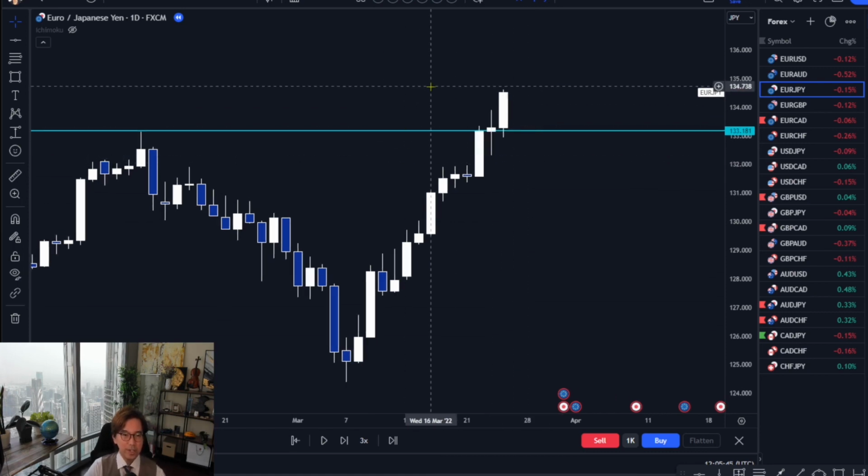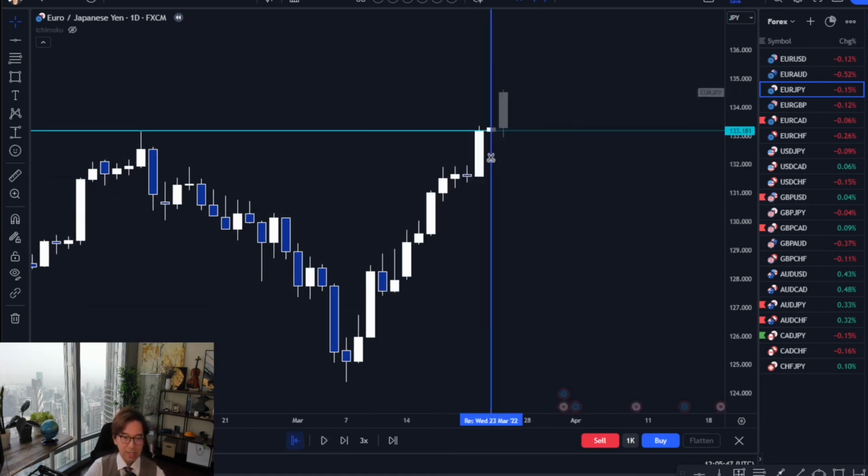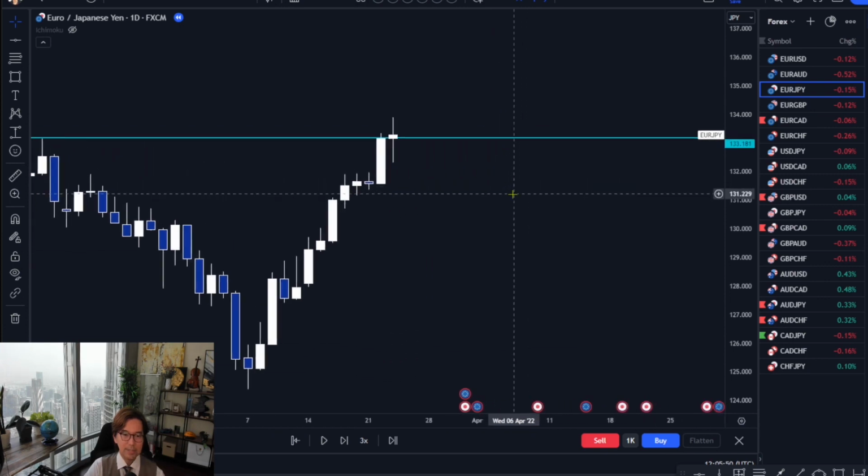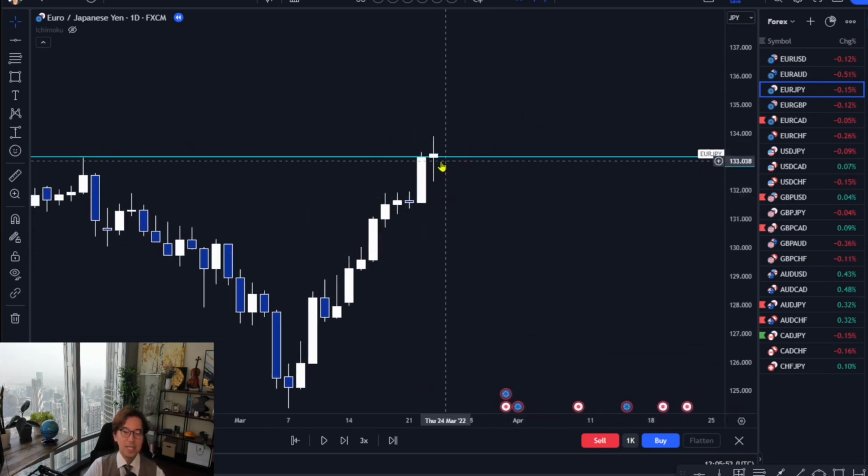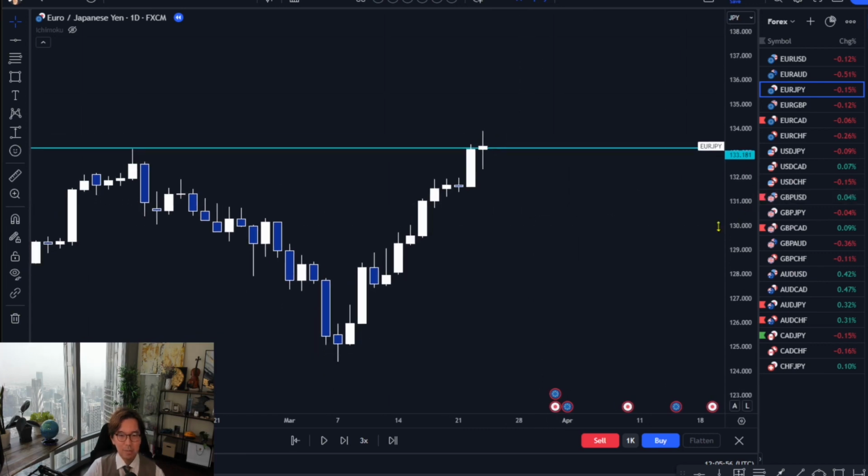So like this, whenever you see a doji itself on the top, this doesn't mean that the market reverses. Sometimes I've seen some textbooks or websites, or long ago I remember someone saying that when you see a doji on the top, this is a sign of reversal. But actually it's not.